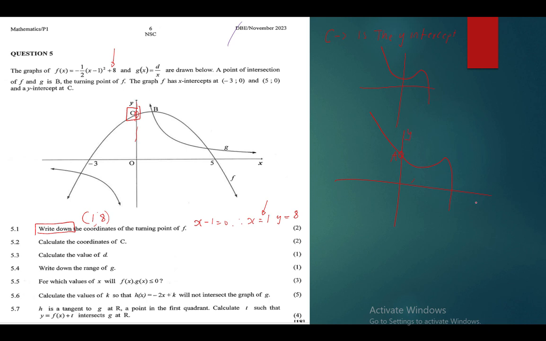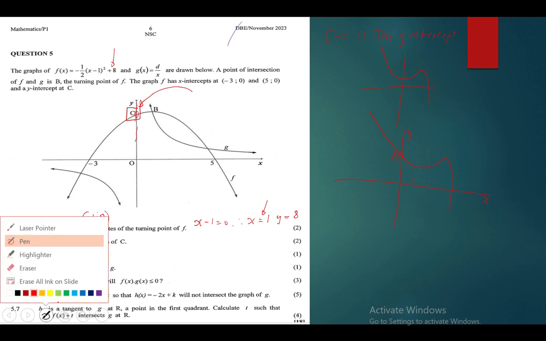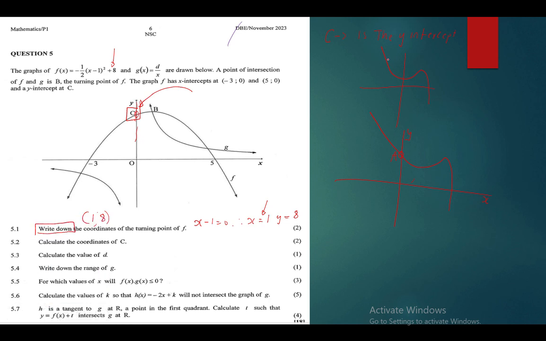This is the y, this is the x. So A is the y-intercept. So in this case, if we go back to our question paper, this C is the y-intercept. They want us to calculate the coordinates of C, where we see that C is the y-intercept because your graph is cutting the y-axis. So how do you find the y-intercept?